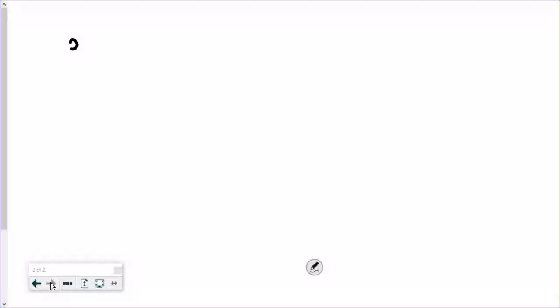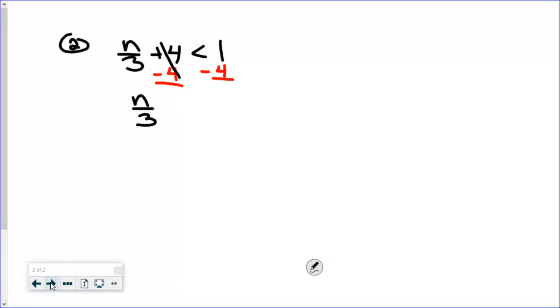Okay, number 2, what if I say n divided by 3 plus 4 is less than 1? Okay, well, if I minus 4 from both sides, and again, if you need your calculator, go for it, n divided by 3 is less than negative 3, okay? And multiplying by 3 or 3 over 1.